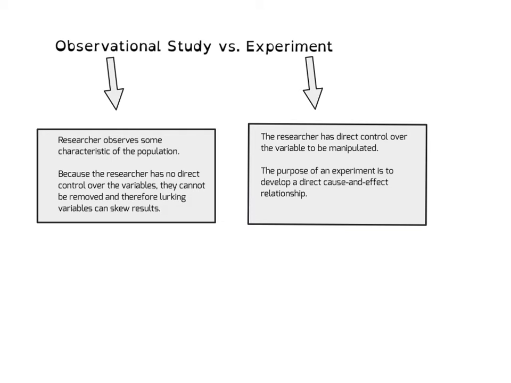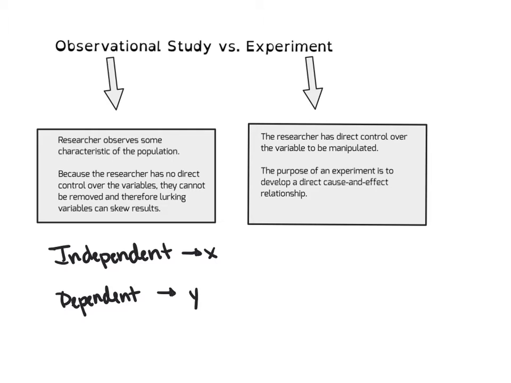In general, remember, the independent is our x variable, and the dependent is going to be our y variable. So in this study, we want to show that the independent x causes y to change in some particular way.